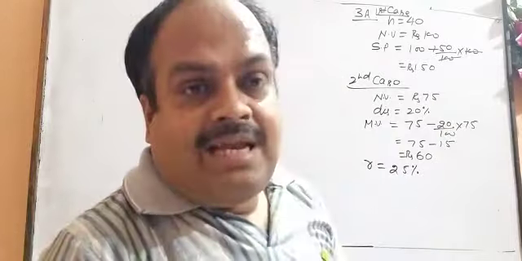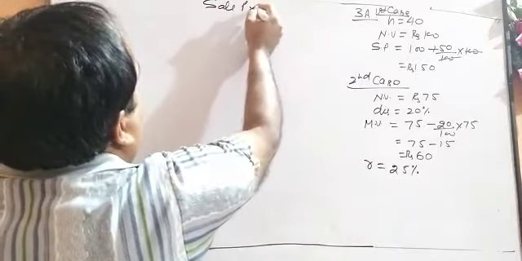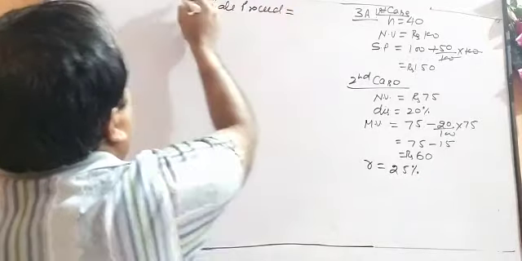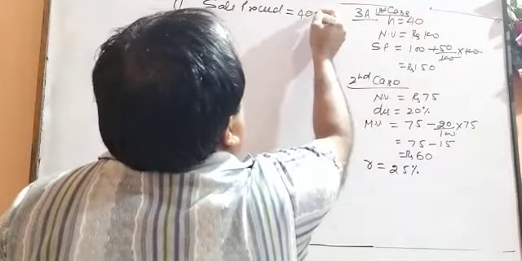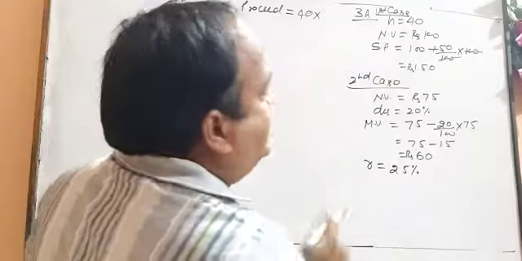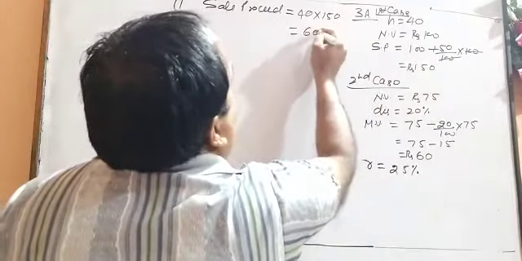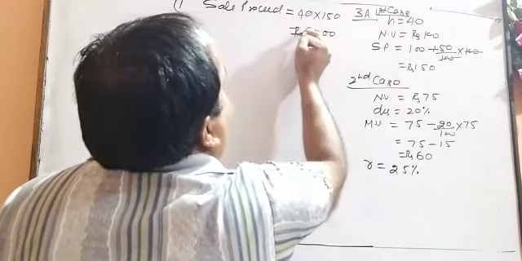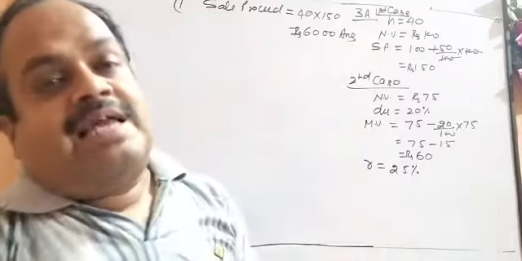So sale proceed is equal to the number of shares sold and the price of each share, 40 into 150, 6,000 rupees. So 6,000 rupees is the sale proceed.